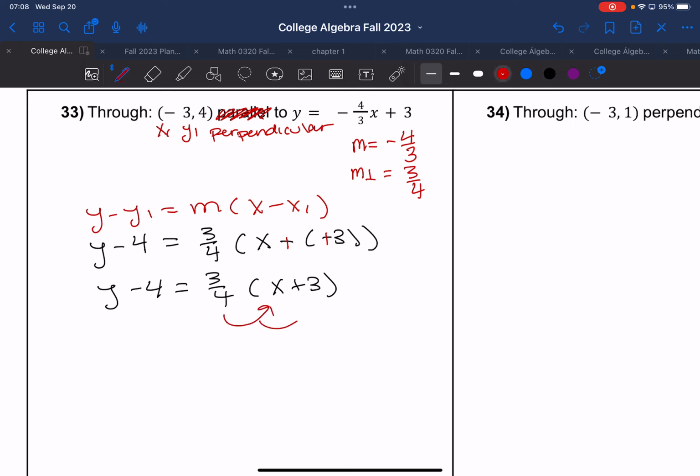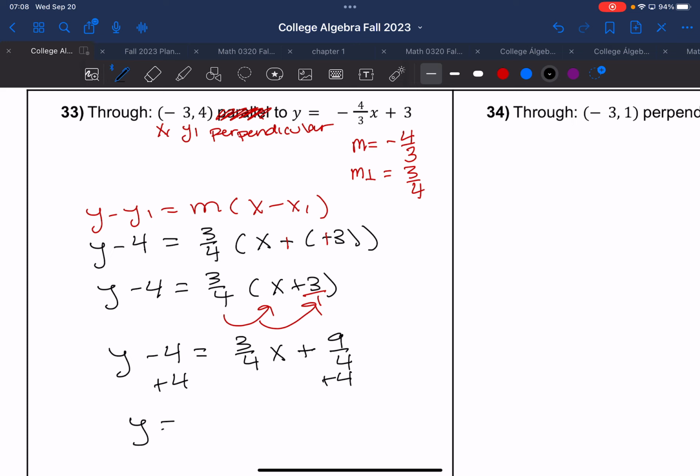So I have y minus 4 is equal to 3 over 4x plus, what's 3/4 times 3? 9 over 4. Because remember that 3 can be written as 3 over 1. And we multiply the tops, then multiply the bottoms. And then last step, we would add 4 to both sides.